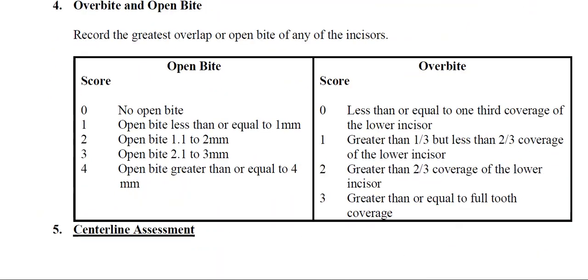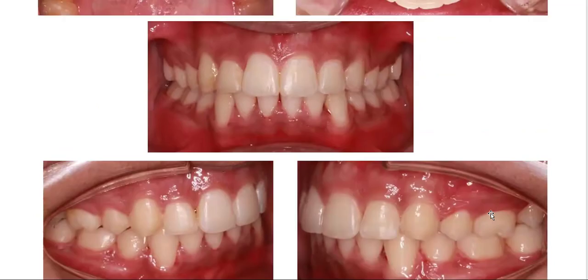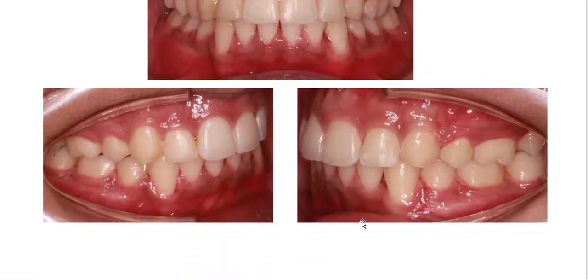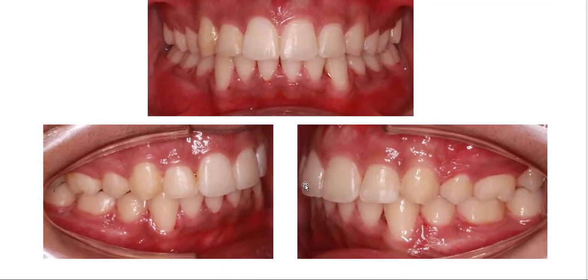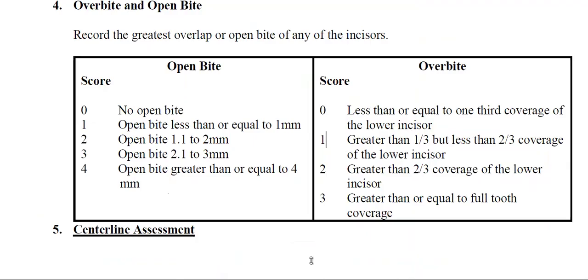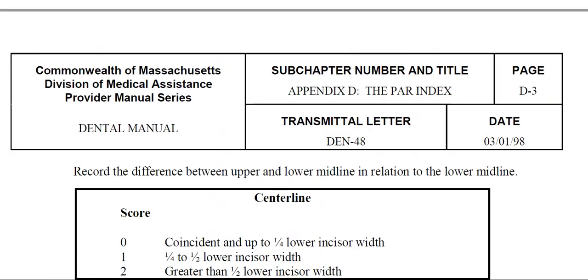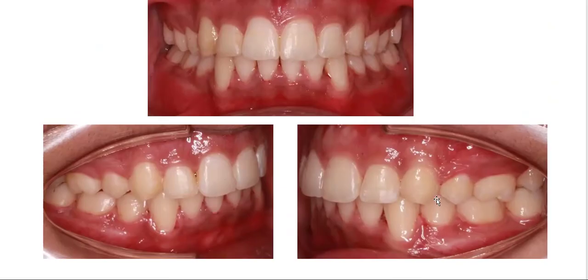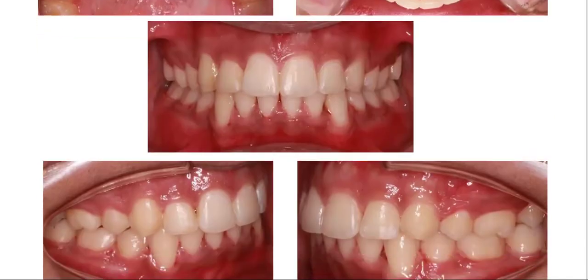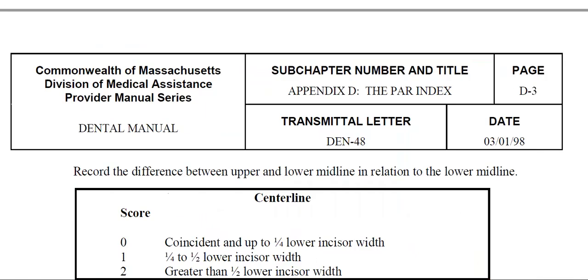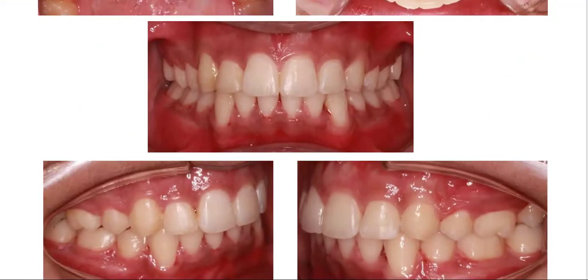Let me see again the overbite. It seems normal, right? And if you still believe that the overbite is like 40% here, then I will deduct 2 numbers from here. So let's say that I say my overbite is 40%, more than 1/3.